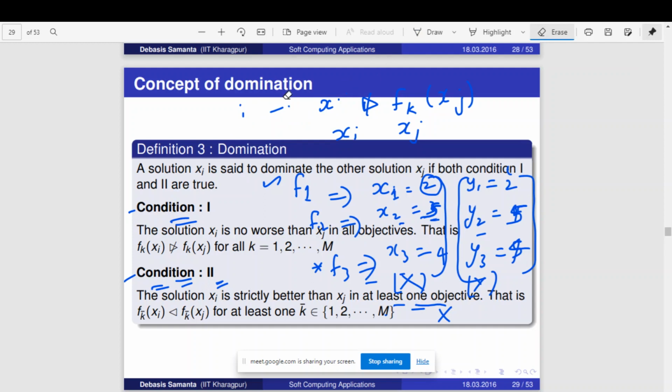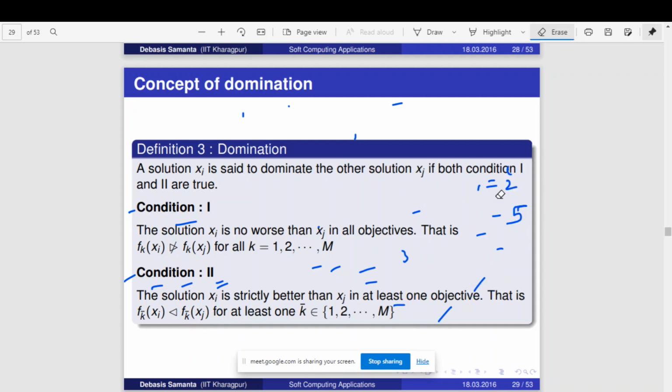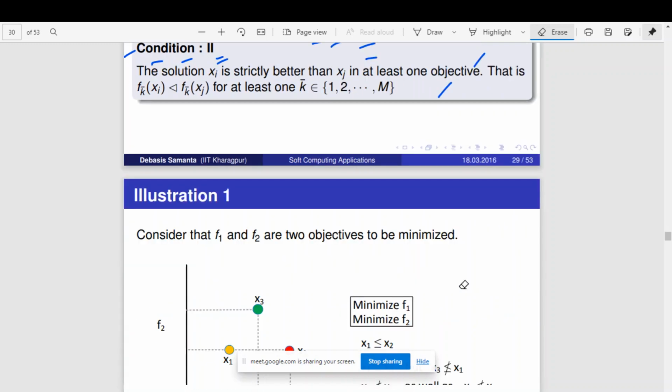So this is how domination is defined. There are two cases. Case 1 says that xi should not be worse than xj for all objective functions, and case 2 says that there should be at least one objective function for which xi performs better than xj. Then we can say that xi dominates xj.